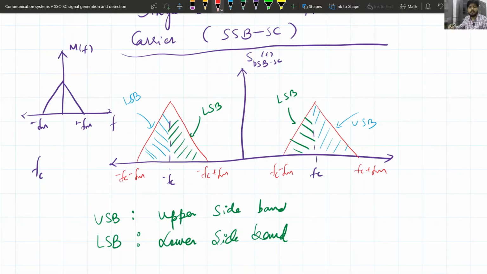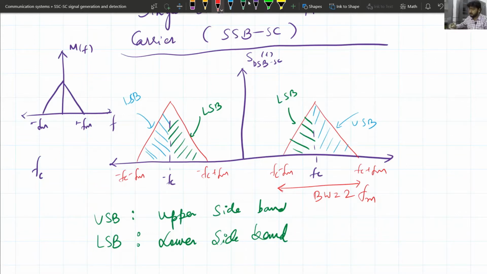But the drawback in the case of amplitude modulation as well as DSB-SC modulation is that it carries a total bandwidth of 2 times FM, which is again a wasteful bandwidth requirement.